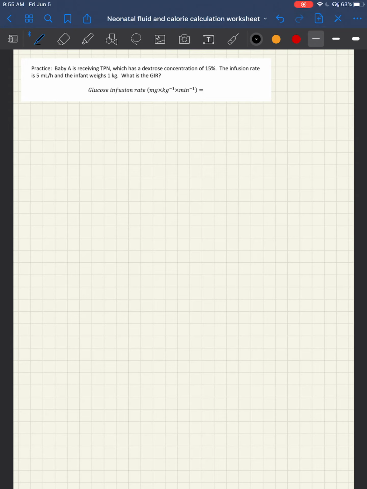Here, we take the dextrose percentage, 15, multiply it by the infusion rate, divide by the conversion factor, multiplied by the infant's weight to give us our GIR. Working those numbers, it is 12.5 milligrams per kilogram per minute.